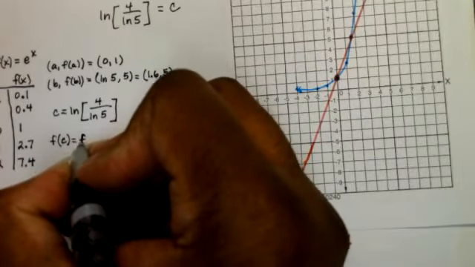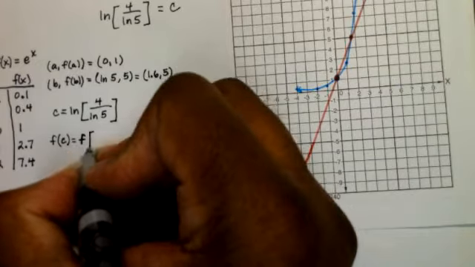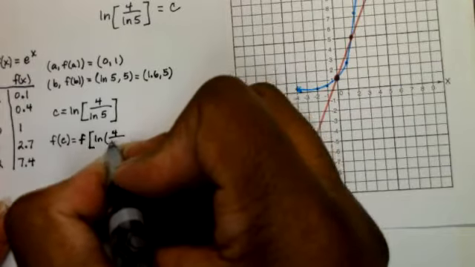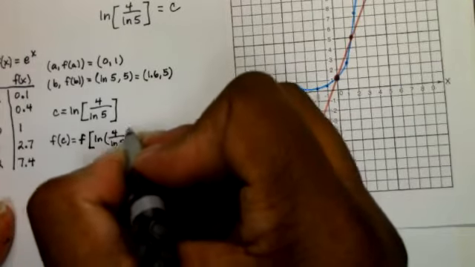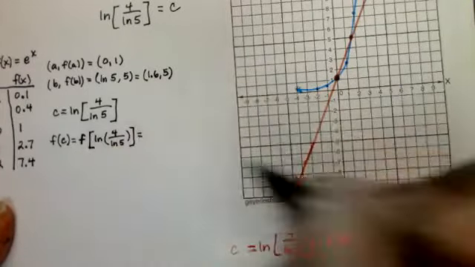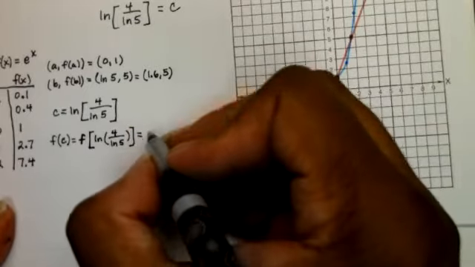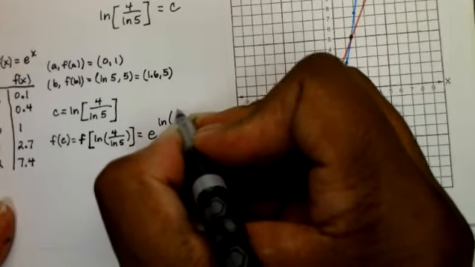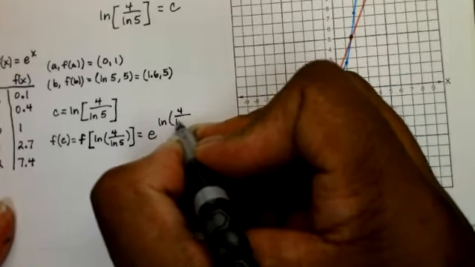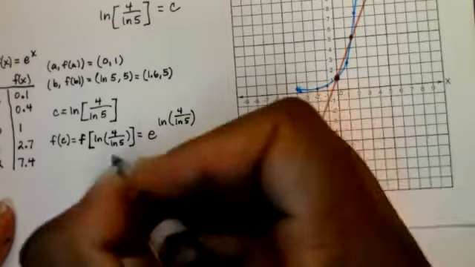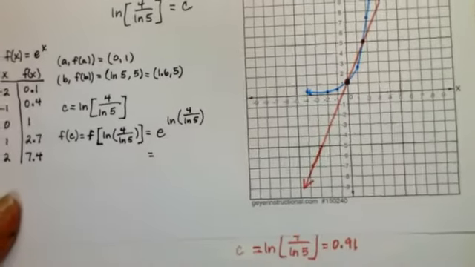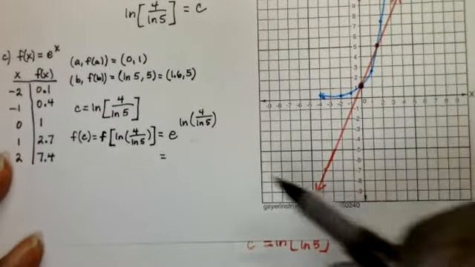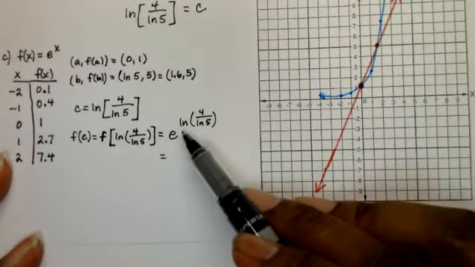So I'm going to be finding f of ln of 4 over ln of 5. And that's going to be equal to, since f of C is e to the power of C, e to the ln of 4 divided by ln of 5. Now, there is a property that says if you have e to the ln of whatever, that's going to be equal to whatever, since e and ln are inverses of each other.